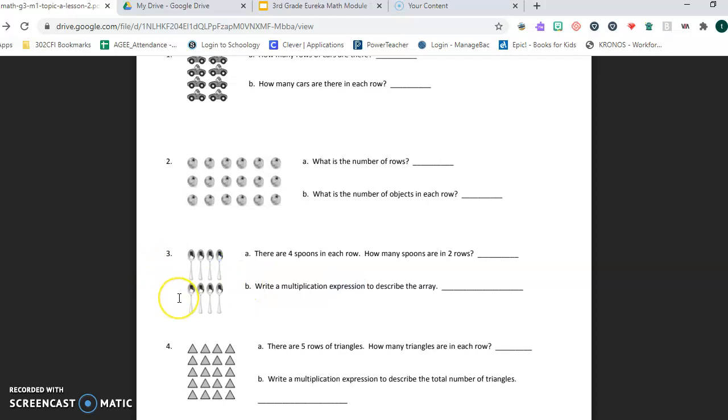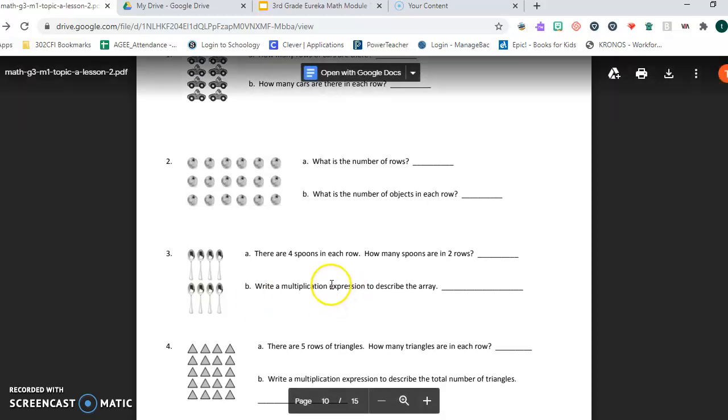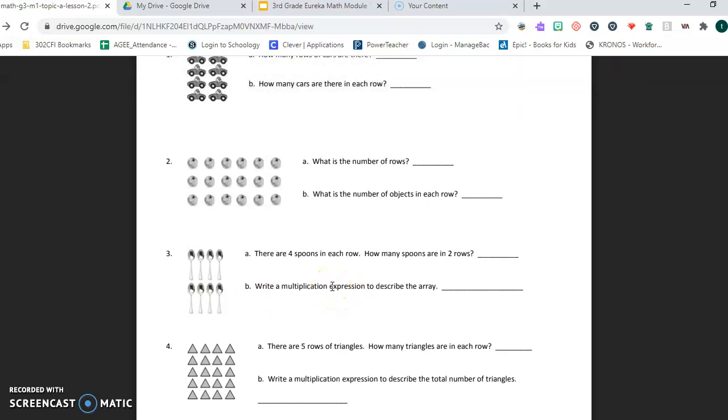Well, there are 2 expressions that you could write. One would be the rows times the items in the column. I'm sorry, in the row. So you could say there are 2 rows of 4, which would be 2 times 4. If you're writing an expression, you wouldn't say equals 8.